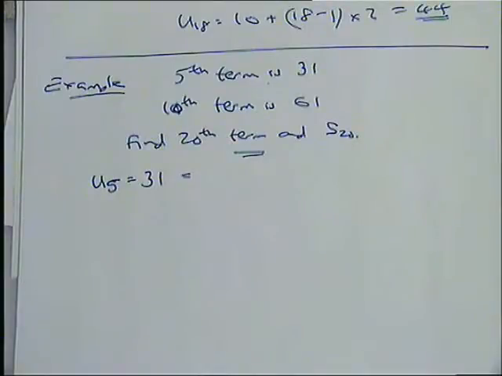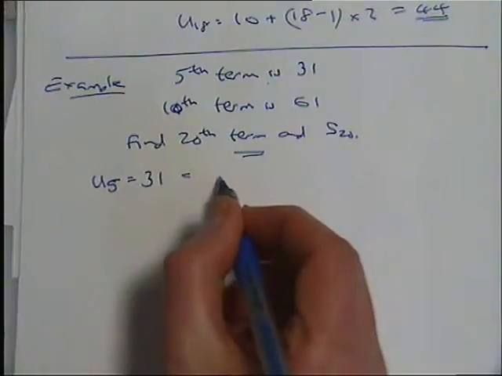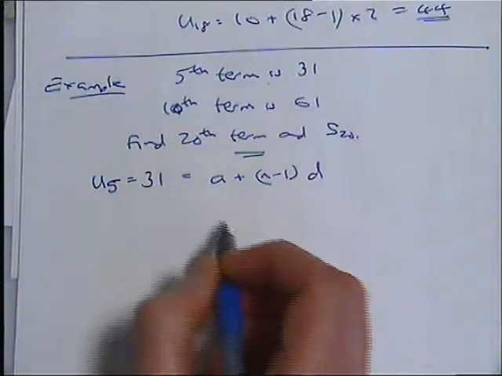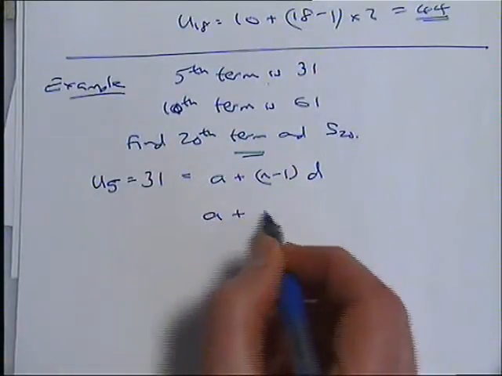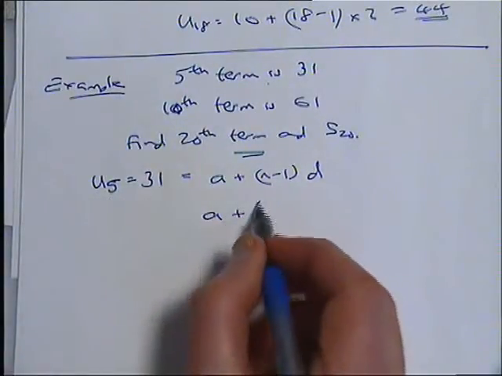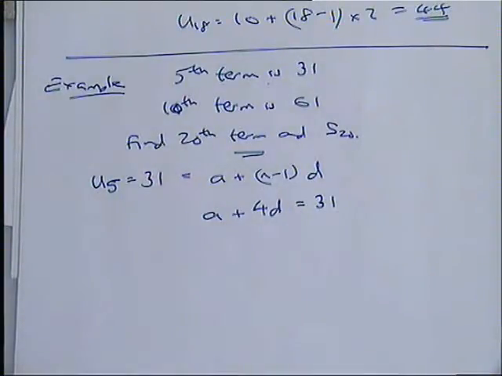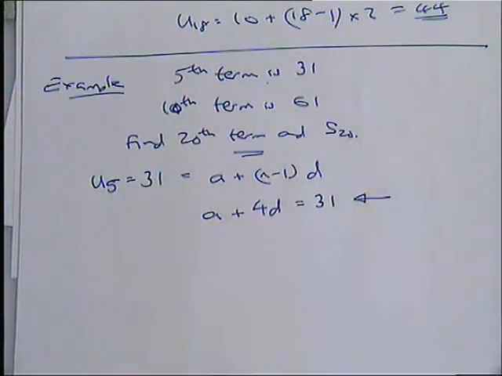What would be a formula for the 5th term? We've got a formula for the nth term. So we use the A plus N minus 1D formula. So we've got A plus, N is 5, so A plus 4D, that's the 5th term, that must be equal to 31. That's an important line.